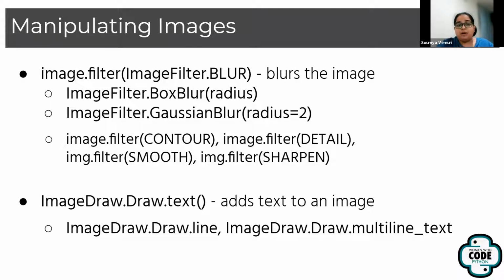We can sharpen the features, blur the features, and extract the contours in the image. We can also sharpen the details, and there are different ways of blurring the image as well. You can also draw on the image, so you can add text, lines, and other figures such as circles and rectangles.